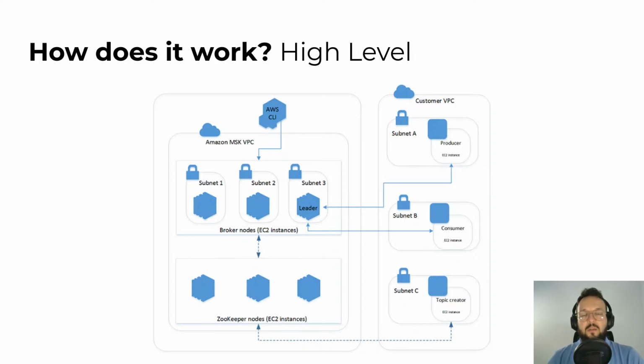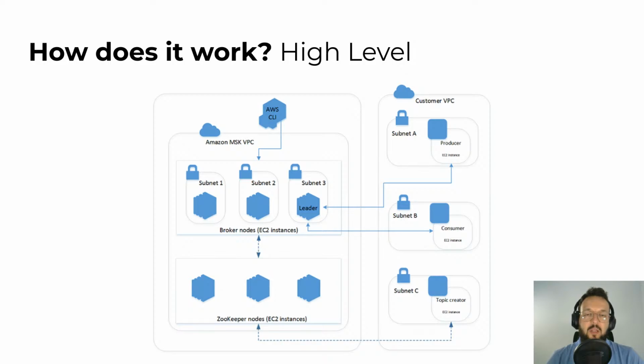On the left side, we've got the information about the Amazon MSK VPC, where they have separate subnets, a separate VPC, and they have Zookeeper inside. So those brokers and Zookeeper nodes are actually EC2 instances, and those are available inside the subnets managed by AWS.